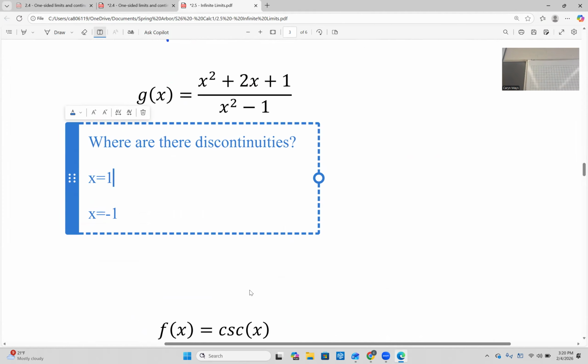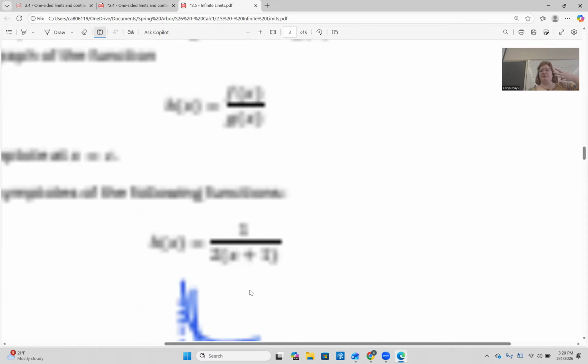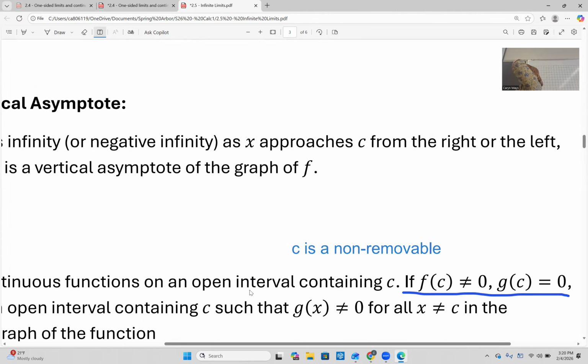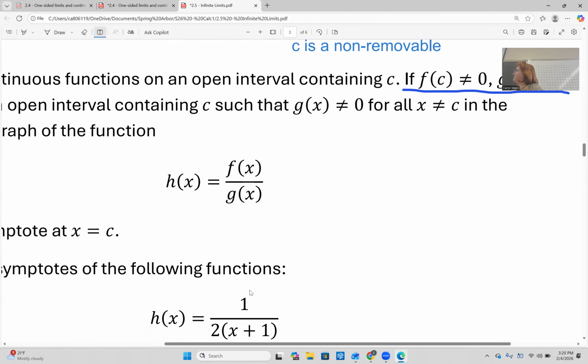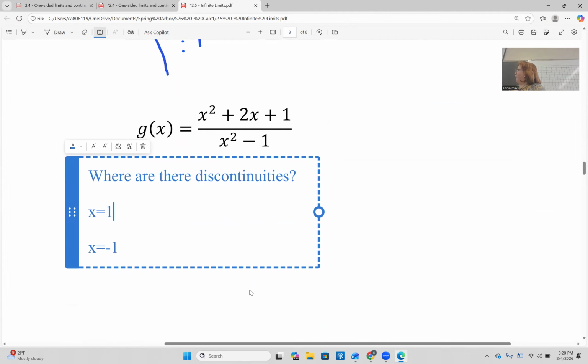If I take 1 and plug that into the numerator, what do we get? 4. That's not 0. Our definition says if the numerator is not 0, but the denominator is, that's a vertical asymptote. So the numerator is not 0, the denominator is, so this one's a vertical asymptote.